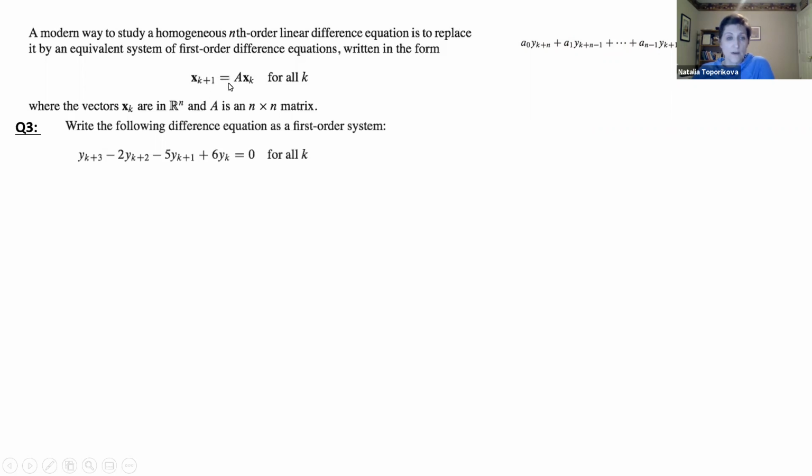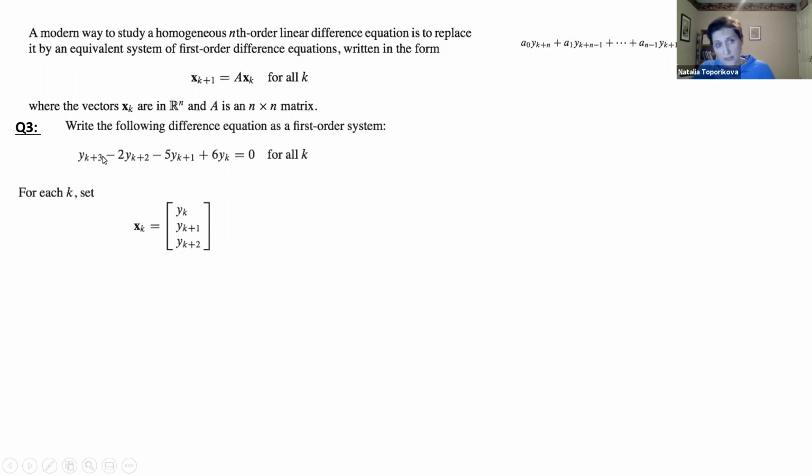Basically, we need some variable x, and we need to define it at step k plus 1 using step k. What will be our variable xk? Well, let's use our signal y at step k, k plus 1, and k plus 2. Basically, everything until the very final step, k plus 3.